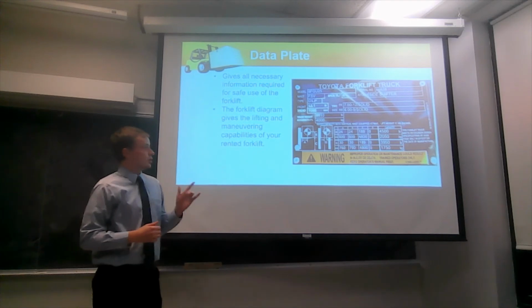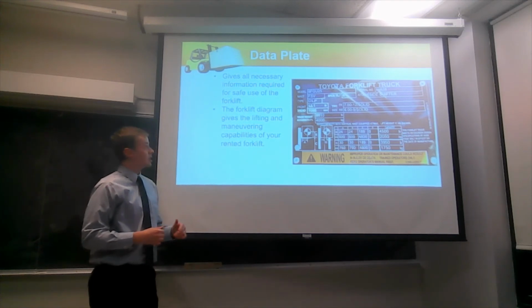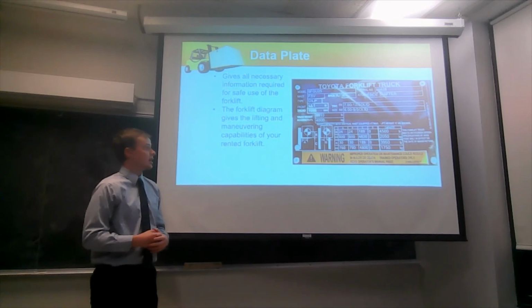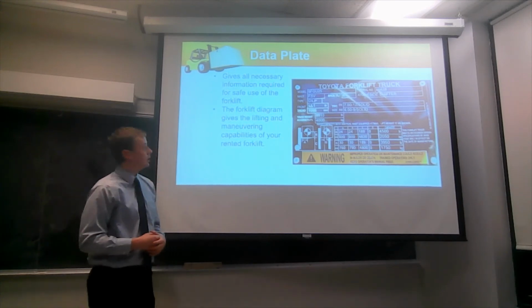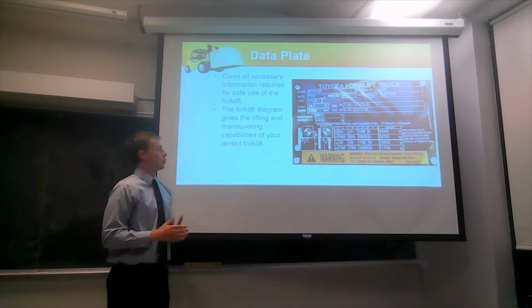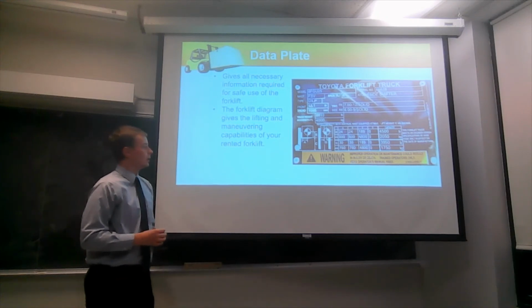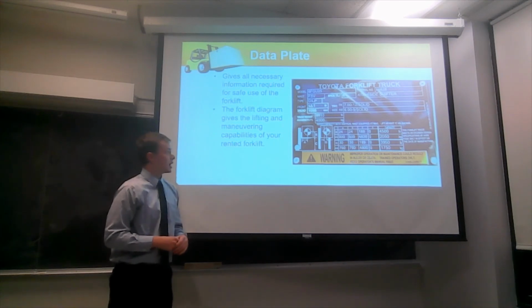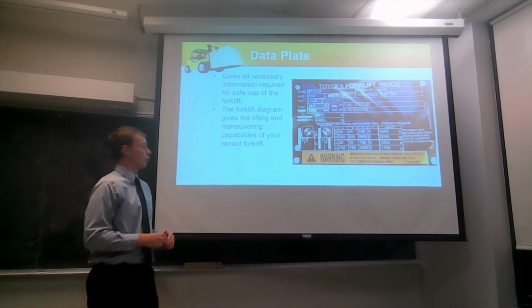It gives you any attachments it has, and the type, that is your fuel type. So that type is gas and liquid propane. It gives you the width of your forklift, so you know where you can drive it. It gives you your tire size and typing. It gives you the weight of your forklift.